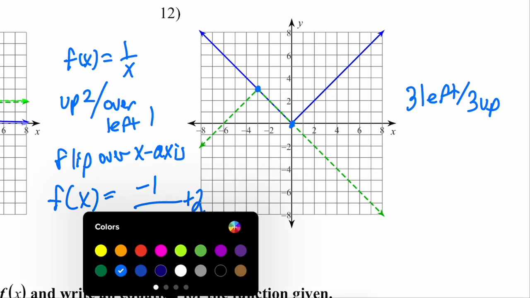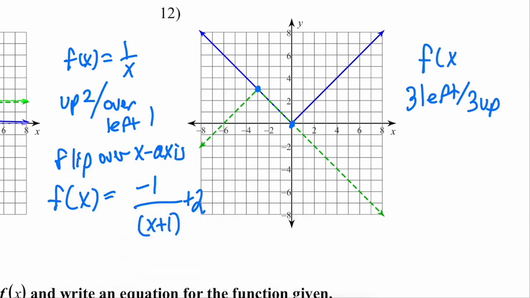My parent function is the absolute value of x. Do you see how the stretch is still 1, 1, 1, 1? So there's no kind of compression or vertical stretch that we have to worry about. But we do need to flip it over.